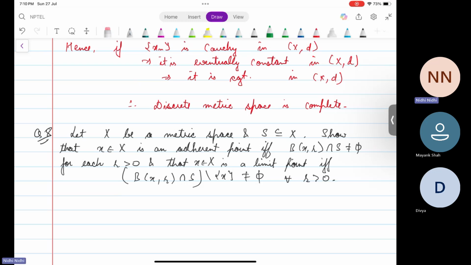So let's recall the definition of adherent point.